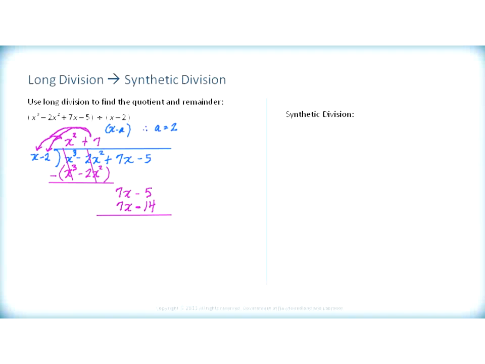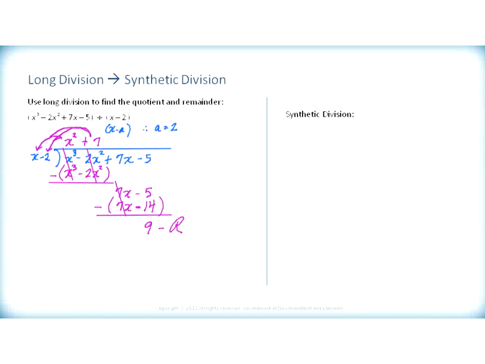Again, we have to subtract all of it. We have 7x minus 7x is equal to 0, and a negative 5 minus a negative 14 becomes a negative 5 plus 14, which equals 9 as our remainder.